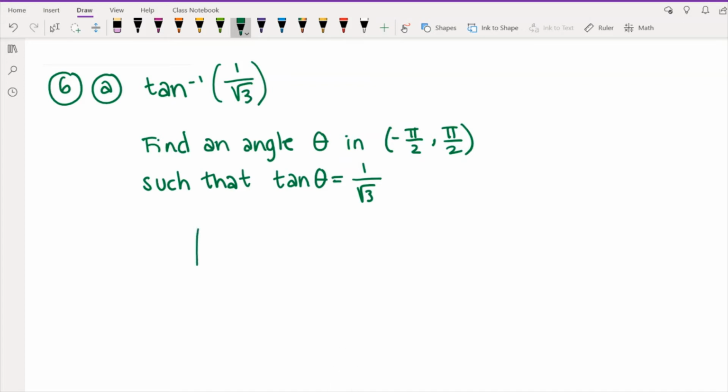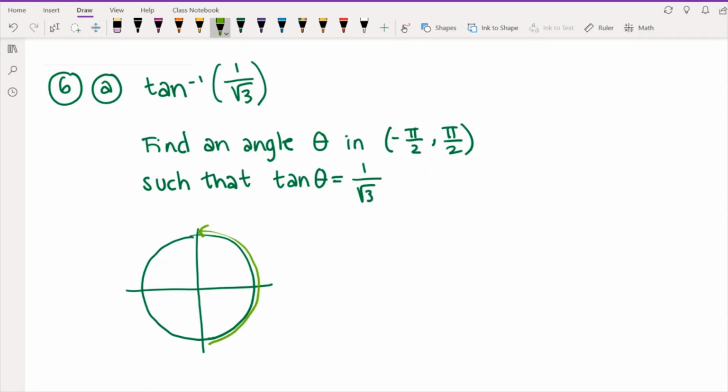So if we think about what part of the unit circle we're supposed to be looking at, the angle we need to find needs to be somewhere in here, specifically between 0 and pi over 2, or 0 and negative pi over 2. Tangent is supposed to be positive, so we're looking for an angle where it's positive.